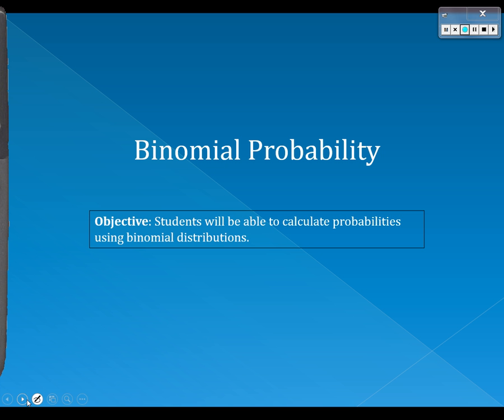All right, so today we are going to talk about binomial probability. After doing all this stuff with distributions and expected value and variance, and you've got conditional probability under your belt, you are like a probability ninja at this point, okay? Today's our last lecture on probability, and after today you will be a probability master.